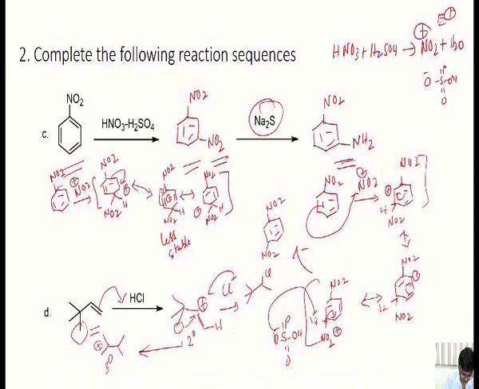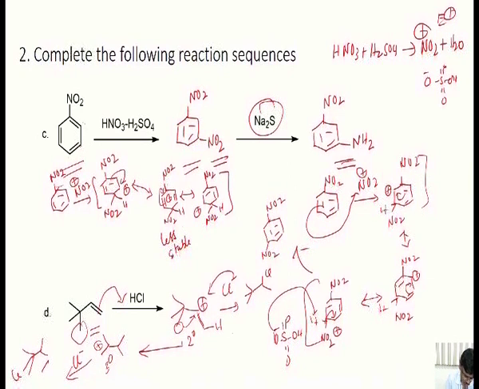So this carbocation is more stable compared to the secondary carbocation. Therefore, the methyl group migration can take place, and once you form this one, now the Cl minus can undergo reaction, then you will be able to form this chloro derivative. So in this reaction, you will have a mixture of compounds.